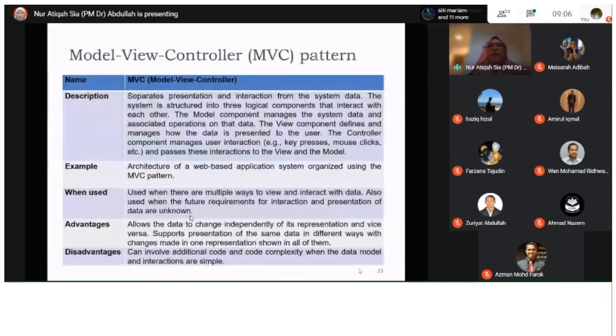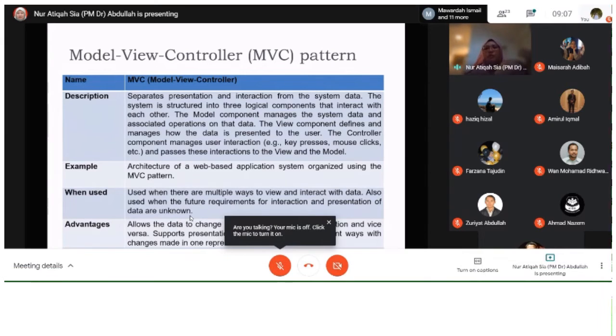For example, we have MVC, Model View Controller. So most of you actually learned it during your degree. Okay, Model View Controller. When we have Model View Controller, you kena tahu adalah you create software. Contohlah you gunakan paling basic untuk Java, selain daripada you create it as a whole program, whole system tu dalam satu folder, semua tulis dalam tu. Okay. But actually you can organize it into three main folders: Model, View, Controller.